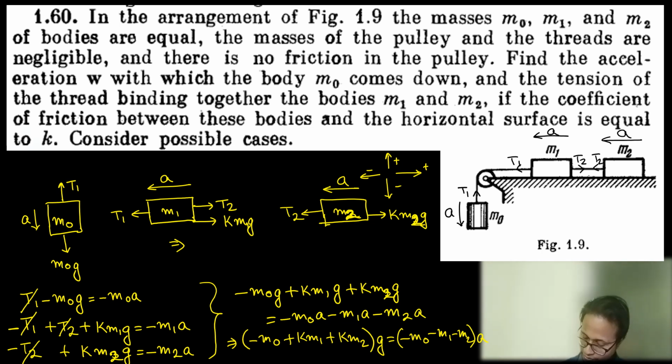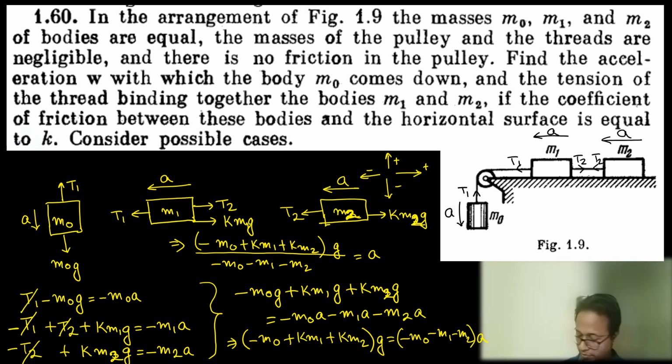a is equal to (minus m0 plus k m1 plus k m2) into g divided by how much? Minus m0 minus m1 minus m2 is equal to a. Now can I do something? Can I take minus common out here from the denominator?